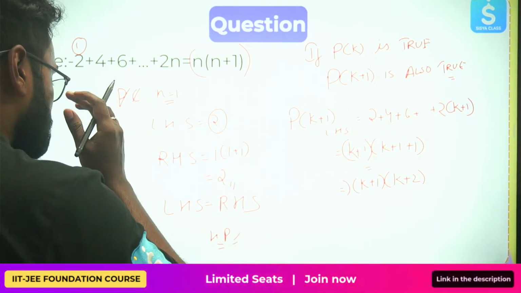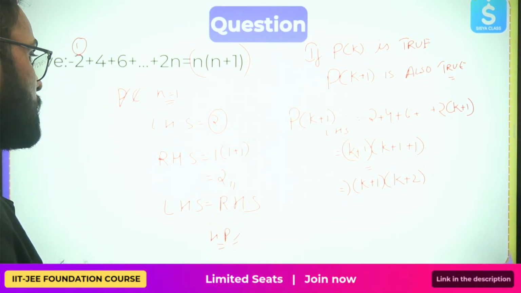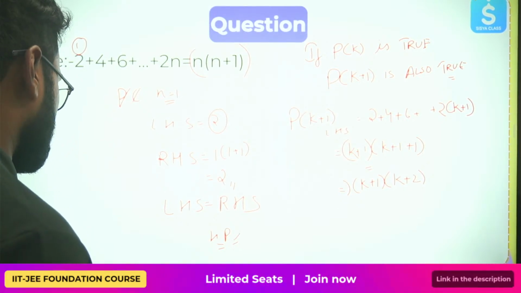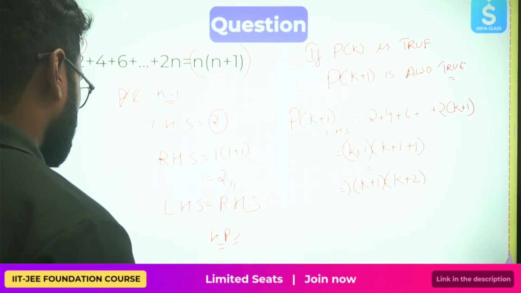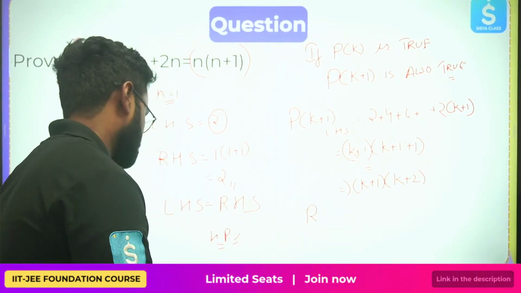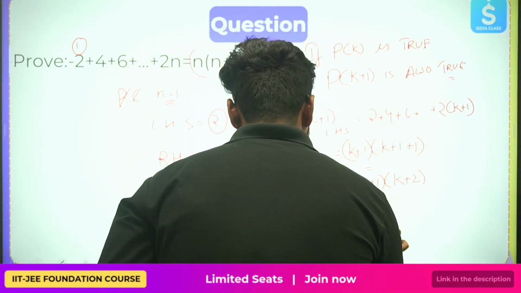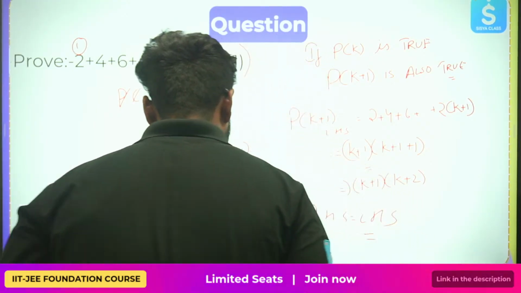With that we have proved this. P(k plus 1): 2 plus 4 plus so on, plus 2 into k plus 1 is equal to k plus 1 into k plus 1 plus 1. Hence, we have got that. If you check, RHS is equal to LHS. Okay, you have got k plus 1.